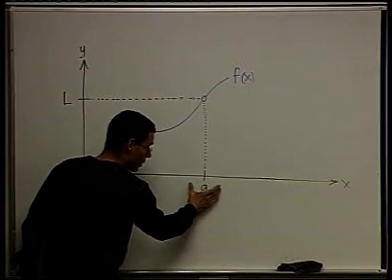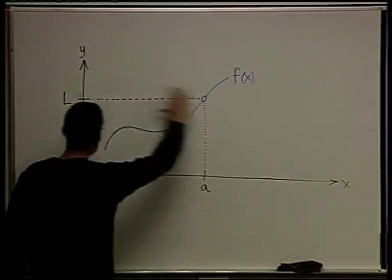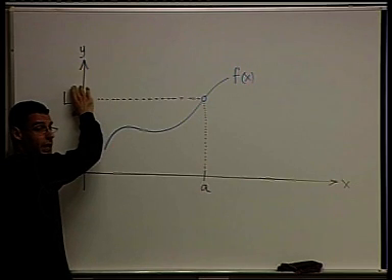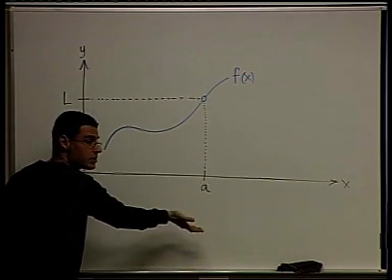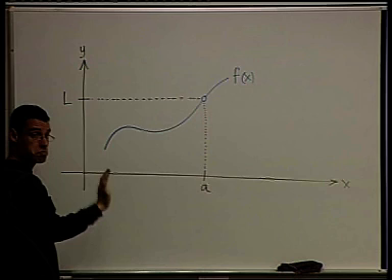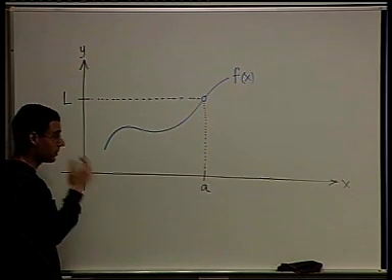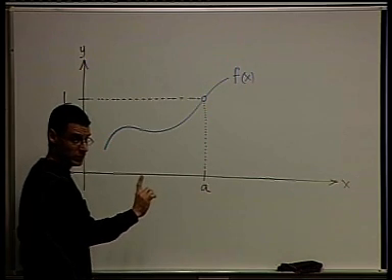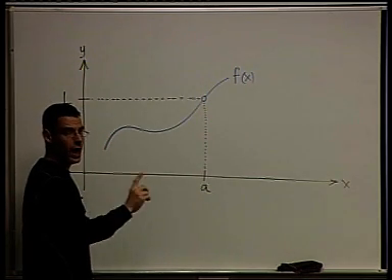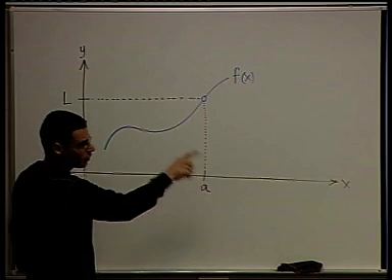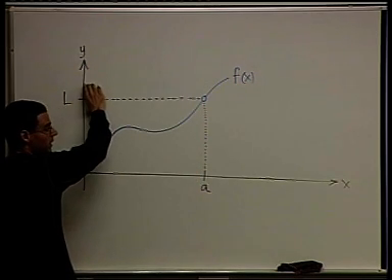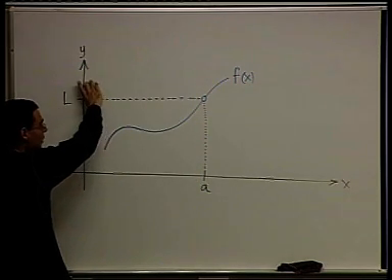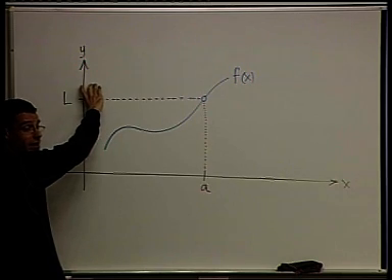X-axis, y-axis. That was the naive attempt. What this definition is telling us, wait, start on the y-axis. For any epsilon, the life of epsilon is happening on the y-axis.